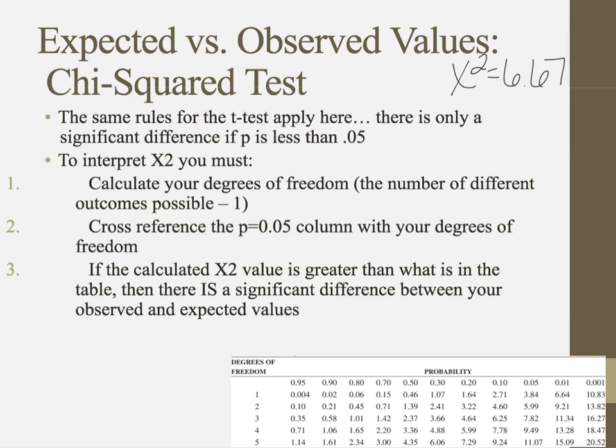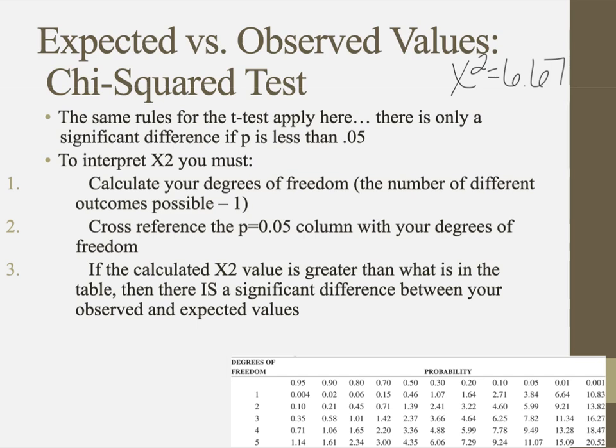So the same rules and applications that we learned from the t-test apply here too. We're going to be looking for p-values of less than 0.05. So if p is less than 0.05, it is significantly different, and we can reject the null hypothesis. If it's greater than 0.05, we have to accept the null hypothesis that they are not significantly different.